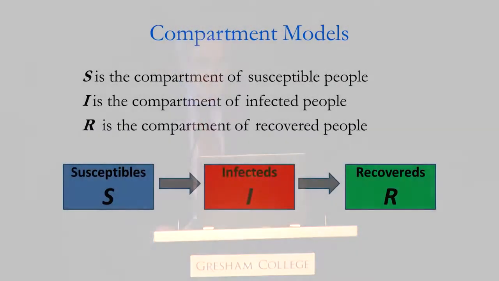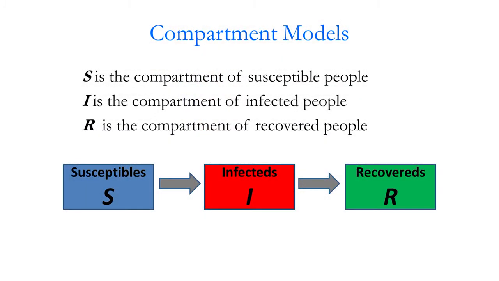Okay, so let's look at the compartment model. So here S is the compartment of susceptible people, and I'm going to use S as well to denote the number of susceptible people. I is the compartment of infected people, and again I'll use I to denote the number of infected people. And similarly R is the compartment of recovered people, and we'll use R as well to signify the number of people that they have.